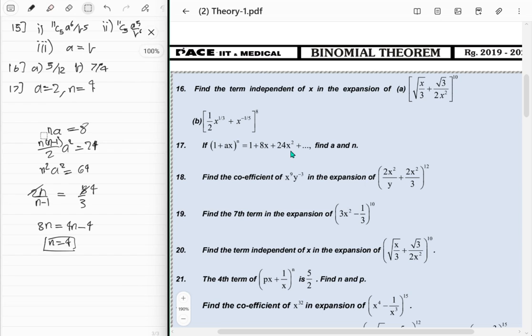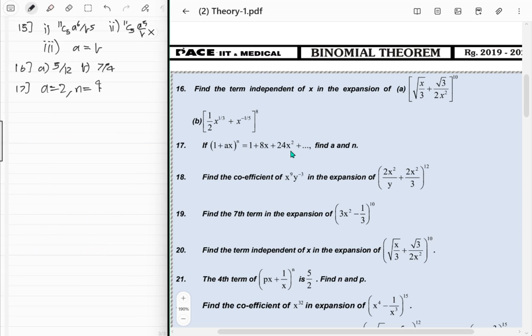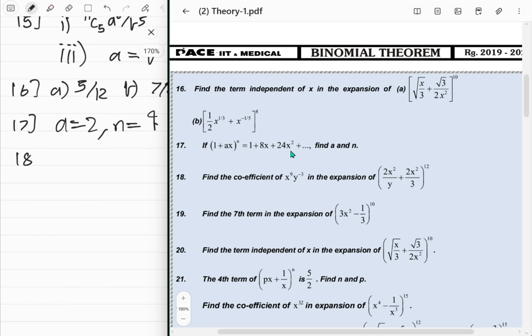Okay, let's go to 18th. Find the coefficient of x to the power 9, y to the power negative 3 in the expansion of this guy. Okay, x to the power 9, y to the power negative 3. I got y over here, but not... Oh, it's just got x squared on both of these, so it doesn't matter. It's going to be 0.